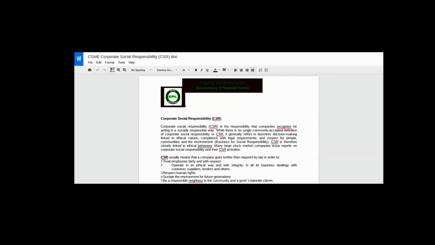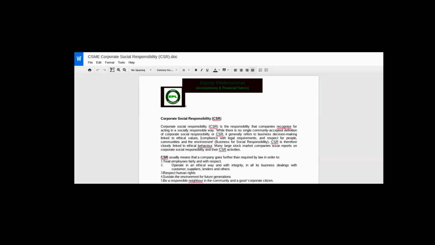CSR is being done primarily to fulfill the ethical expectation of society and the investors, because a company must operate with morals, ethics, fairness, and integrity.